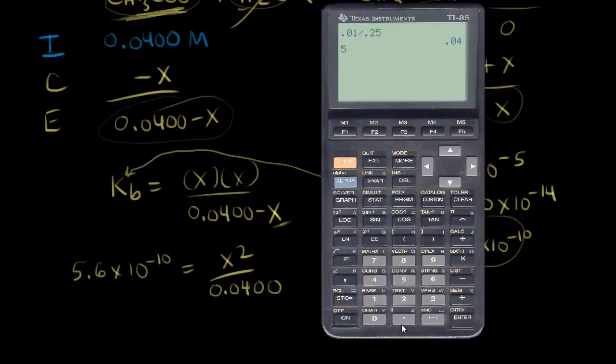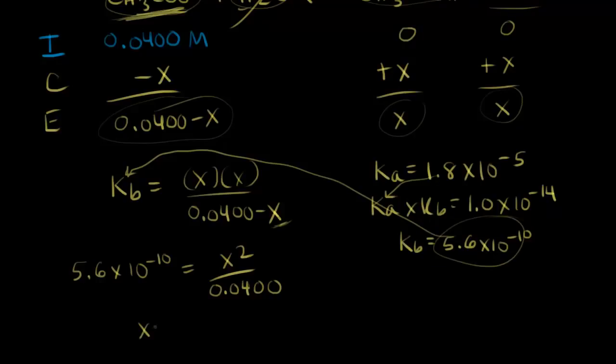So we have 5.6 times 10 to the negative 10. We need to multiply that by 0.04, and then we need to take the square root of our answer. And so we get x is equal to 4.7 times 10 to the negative 6.